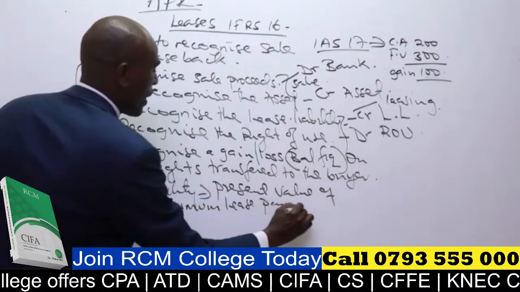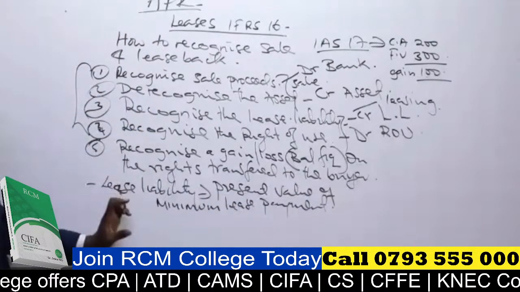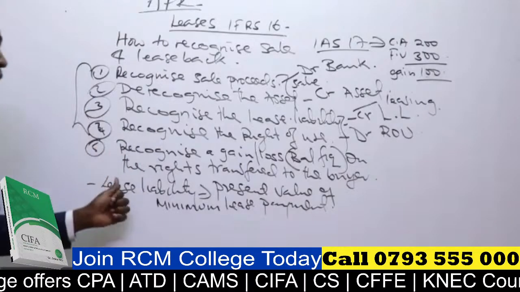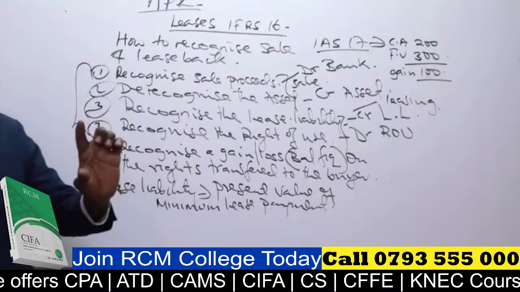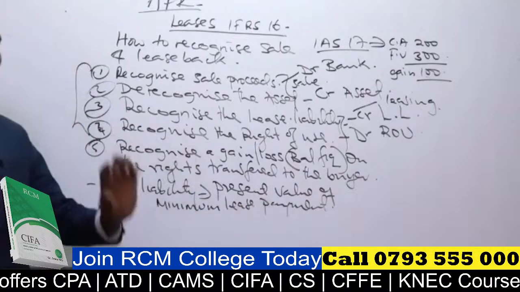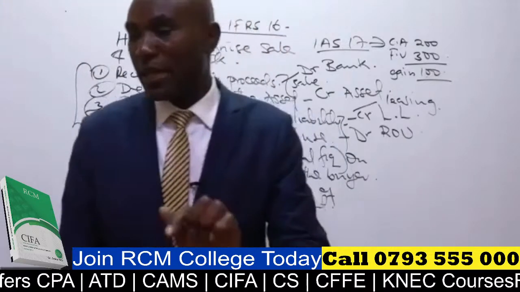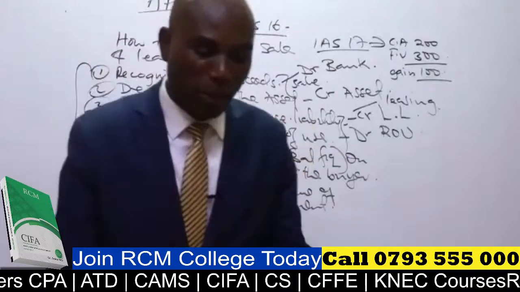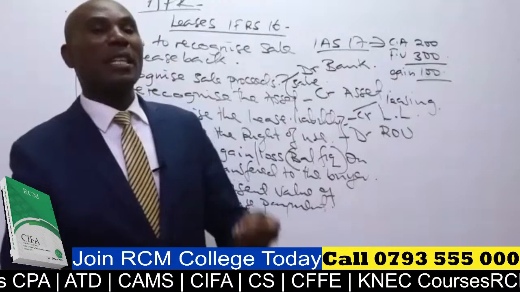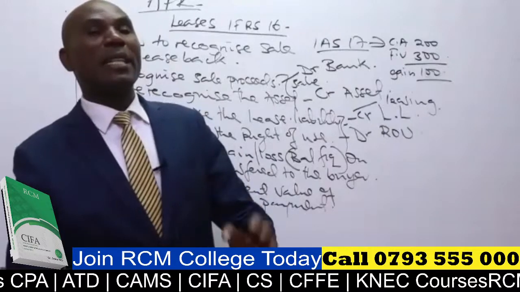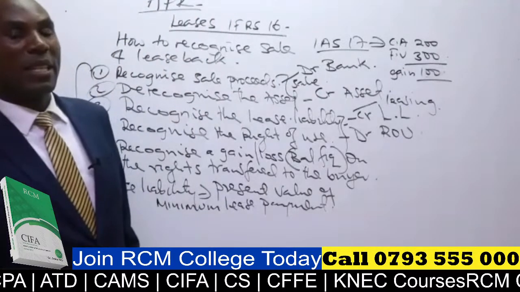It will not change here. The same way we were determining the lease liability before, what will be the lease liability under sale and leaseback? The present value of minimum lease payments discounted at the implicit rate in the lease.